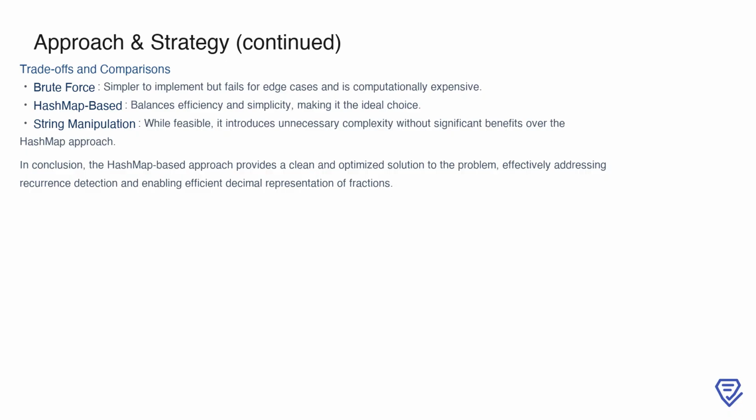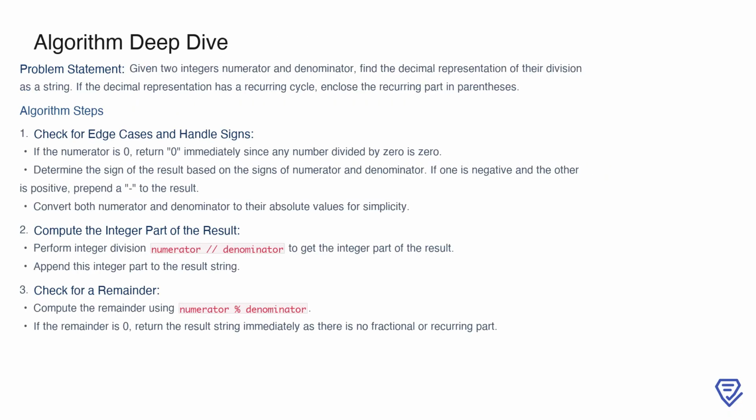By efficiently tracking remainders and their positions, it addresses the core challenge of detecting recurring cycles in the division process. This ensures an optimized and elegant solution to representing fractions as recurring decimals, making it the most robust and practical strategy for this problem.